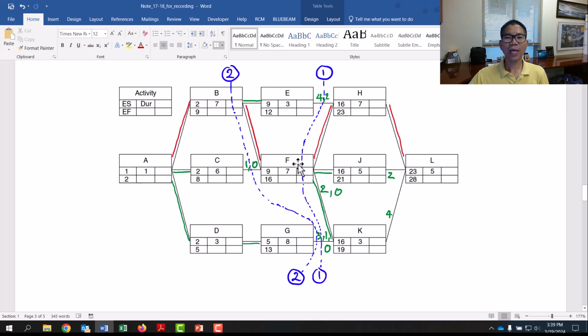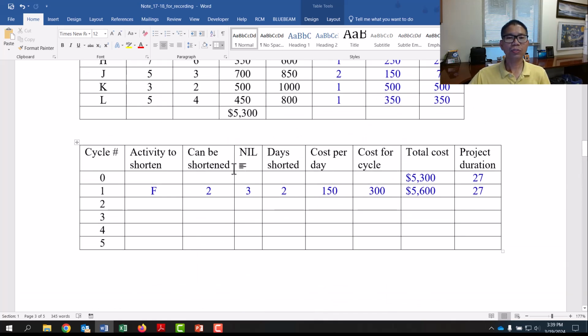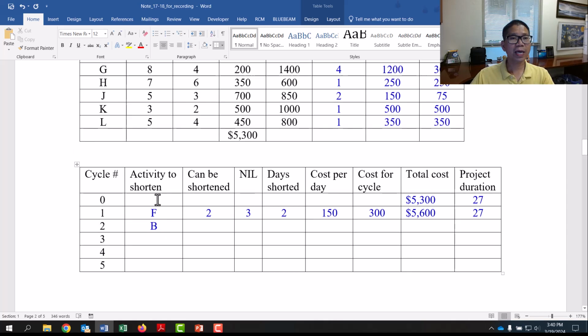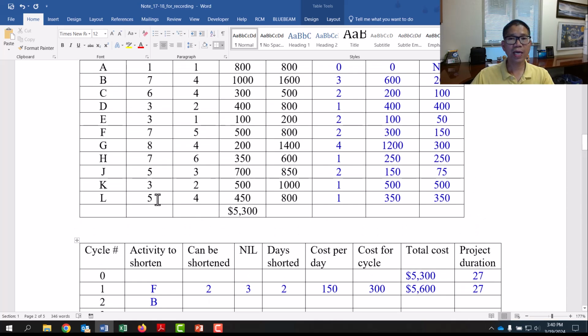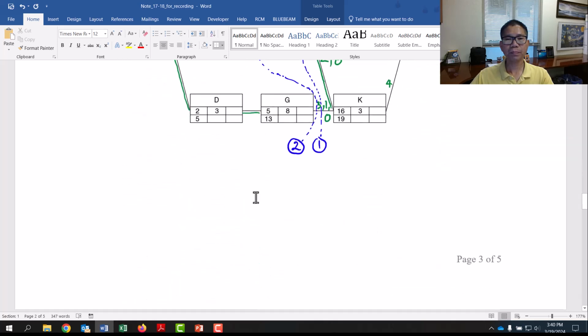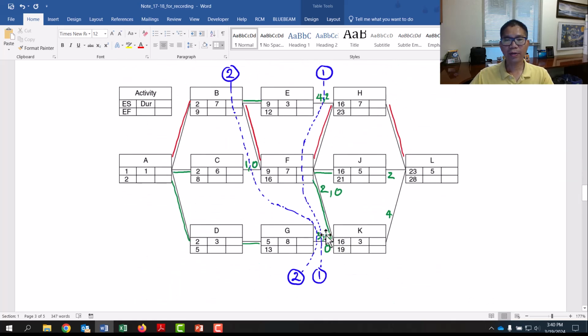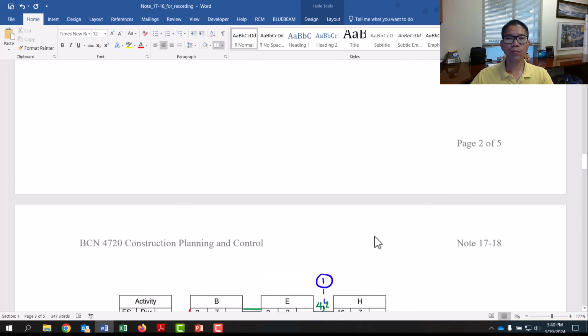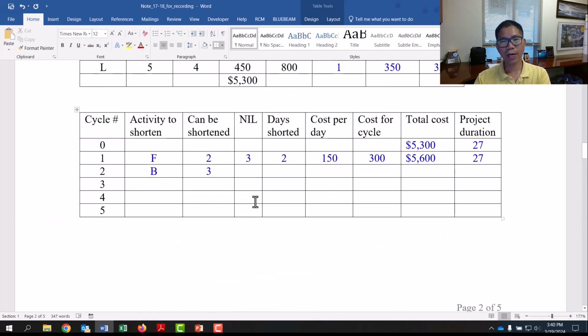When it's that way, it's feasible, so we can put B in that activity, and the days that we can shorten for B is 3 days. Then we find the network interaction limit, which is the minimum of 1 and 1, so it's 1.